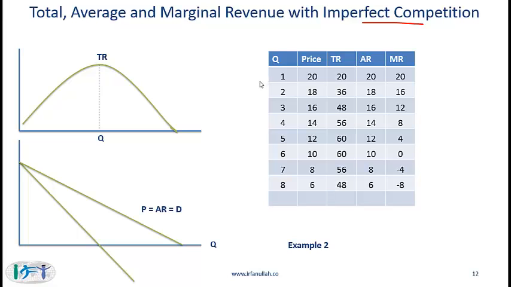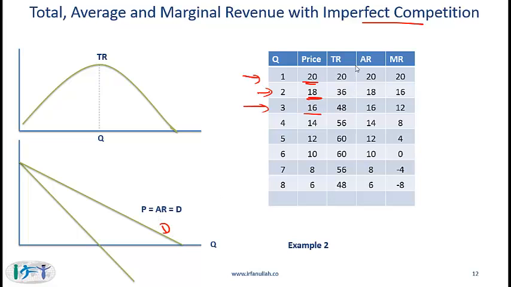So if you sell 1, in other words, let's say you have set a price of 20, then the quantity demanded is only 1. If you reduce the price of widgets to 18, then the quantity demanded is 2. If you reduce the price even further to 16, then the quantity demanded is 3. So we have a classic downward sloping demand curve.